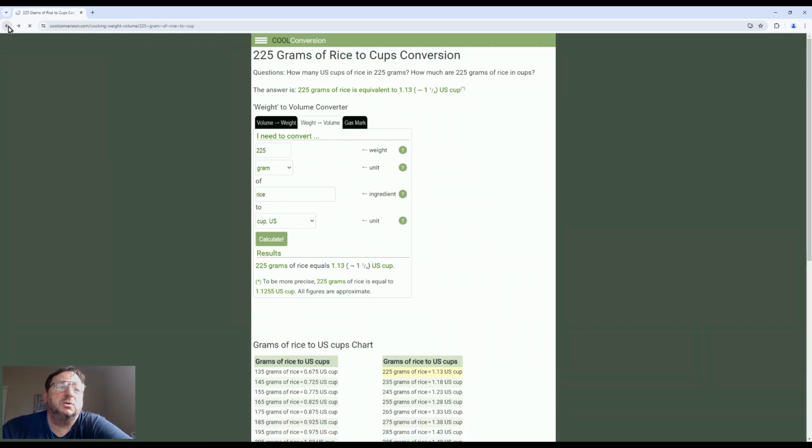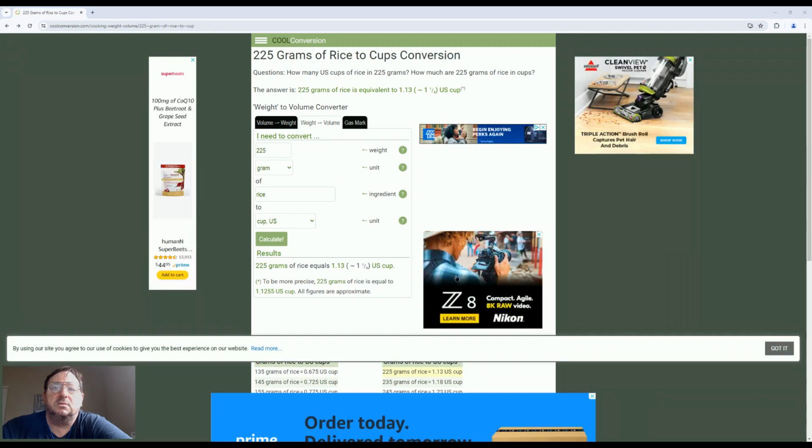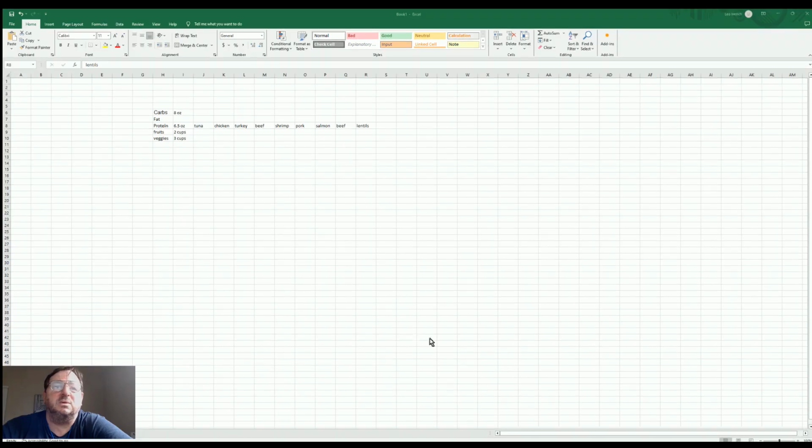So you put on your sheet. You can rearrange. I don't do right now the best rearranging, but suppose for carbs you have rice. Suppose 1.25 cup. Okay, now next one.